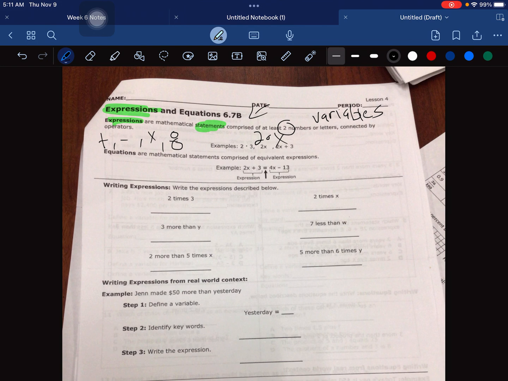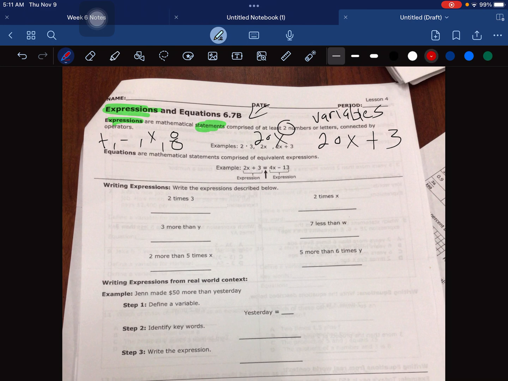So that's your operator. Now, 2x plus 3. Okay, so here you have 2 and x multiplying each other plus 3. So does it have at least 2? Yeah. It even has one more. But that's still an expression, chicos.